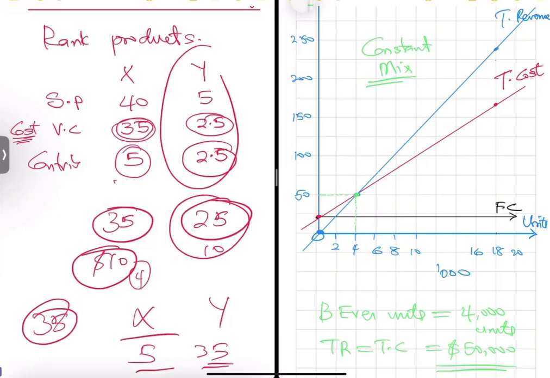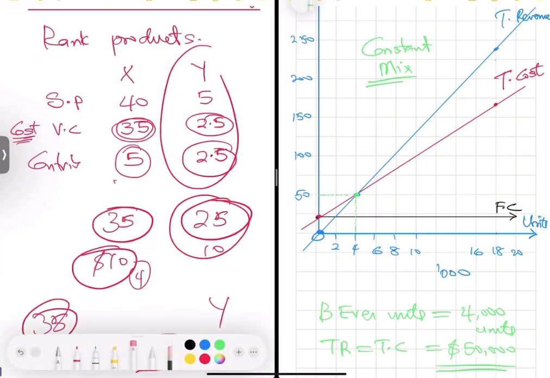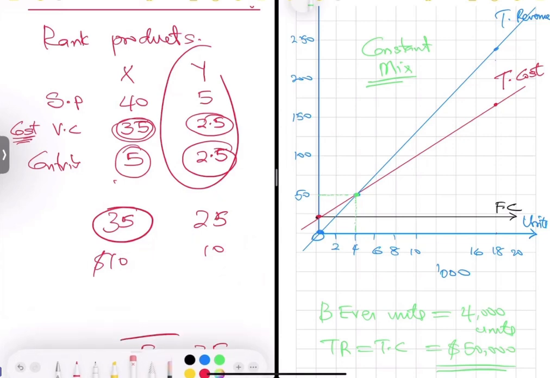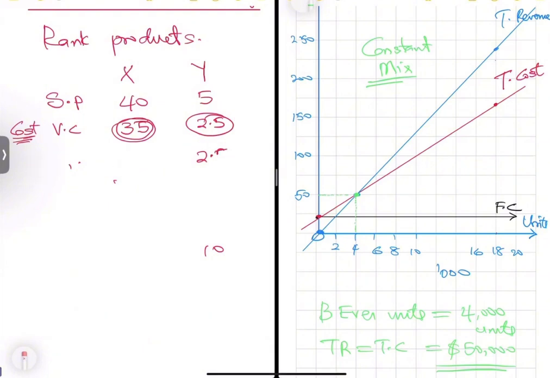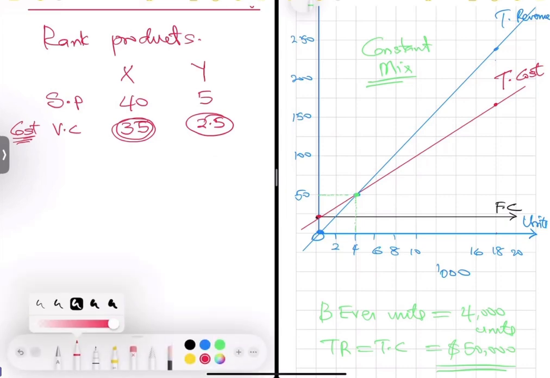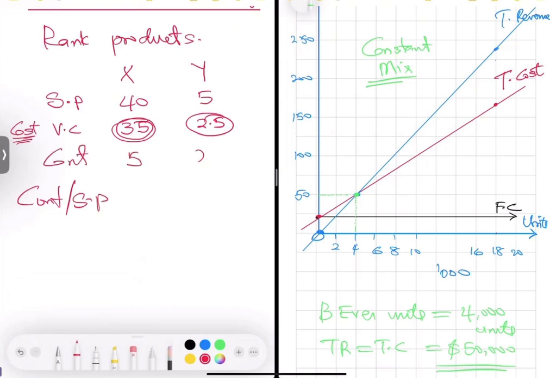Usually, when you have to rank a product for profitability, what you need to calculate is contribution per selling price. That's what you need to get. I know your contribution here is $5, here is 2.5. What is the contribution per selling price?